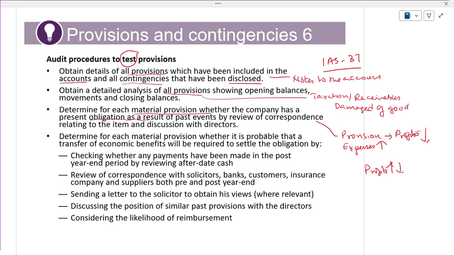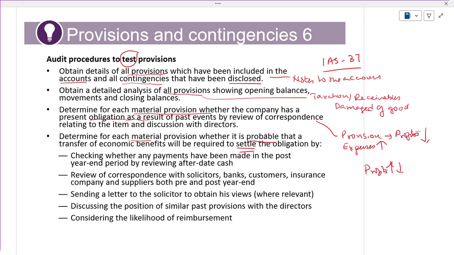Determine each material provision, whether there is a probability, it may happen, the chances that the transfer of economic benefits will be required to settle. When you are making the provision, there is the probability that we are going to pay. Then only, if there is a probability, you have to reflect it.